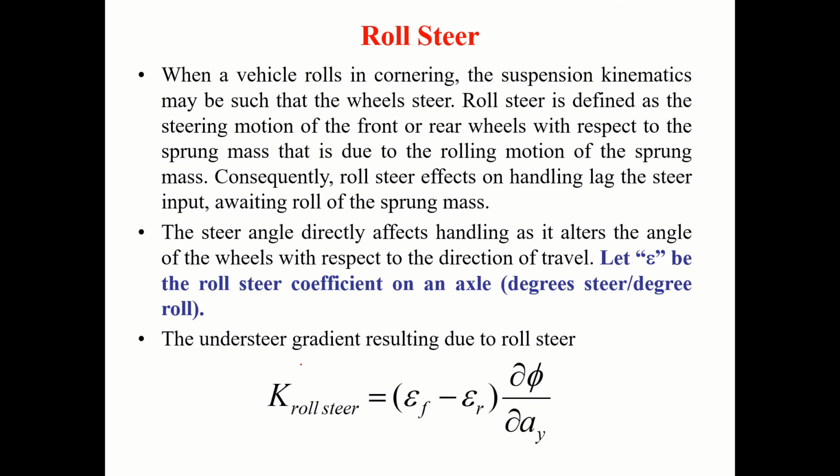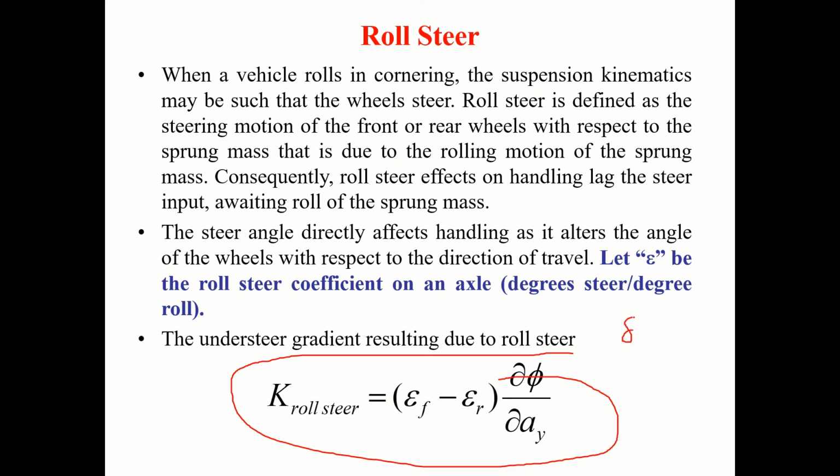Okay, right. And this is given by this equation. And this epsilon is known as roll steer coefficient. Degrees of steer per degree roll. Okay, what is the delta value, degree of steer per degree of roll?